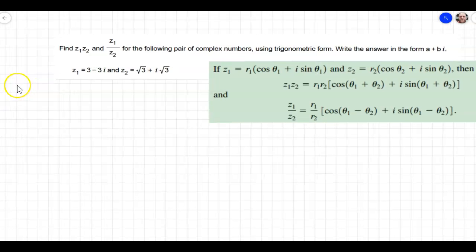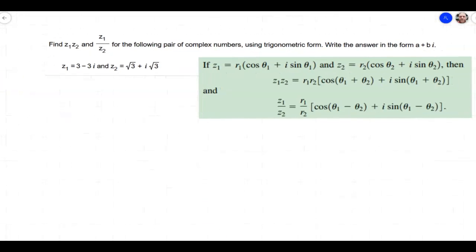With z1 here, I'm going to go ahead and put it in pen mode. In order to get the r, r is equal to, using that Pythagorean theorem form, the square root of 3 squared plus 3 squared.